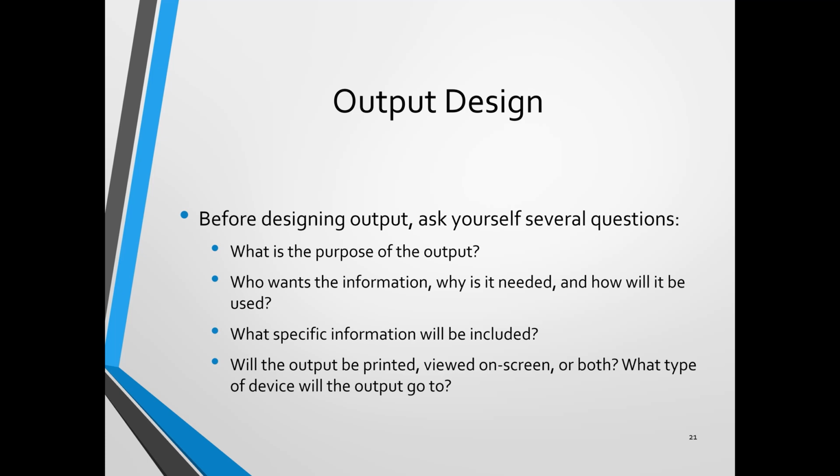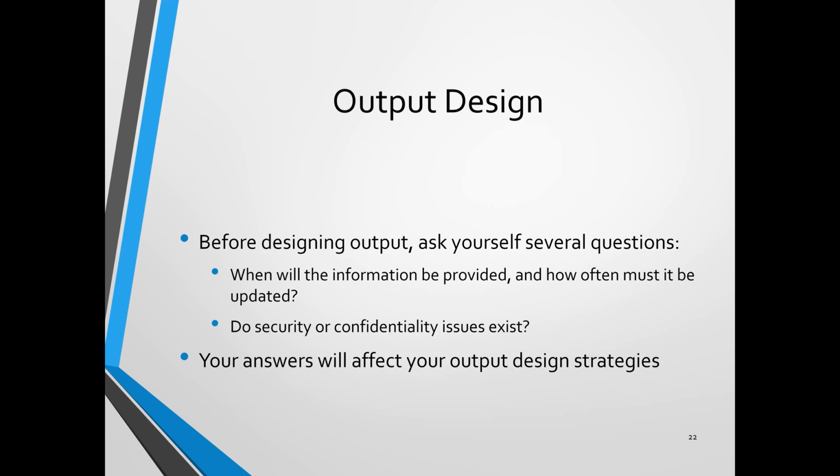After we have the output design, when we have answered ourselves with this question already, the next thing we have to do is ask yourself, when will the information be provided? Is it right after users press the button, or will it be sent to the users later, for example through email on the next day?